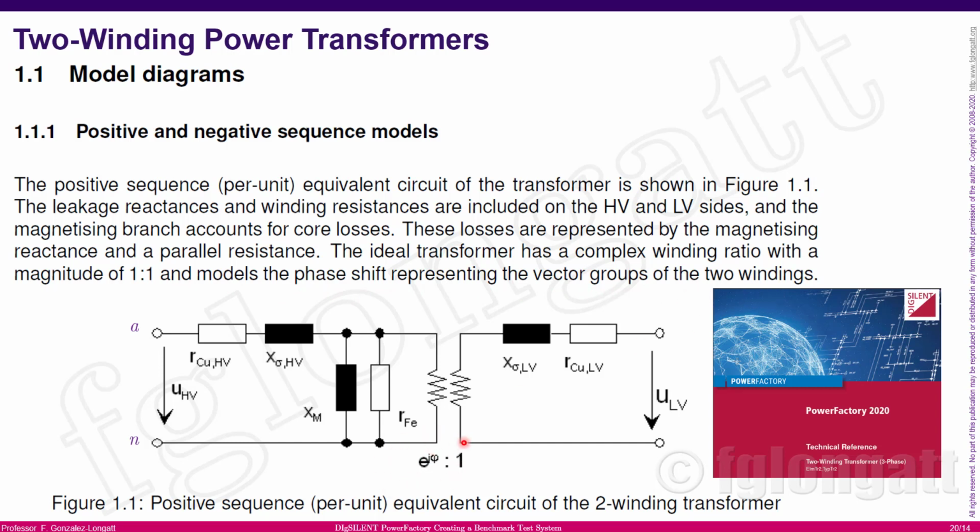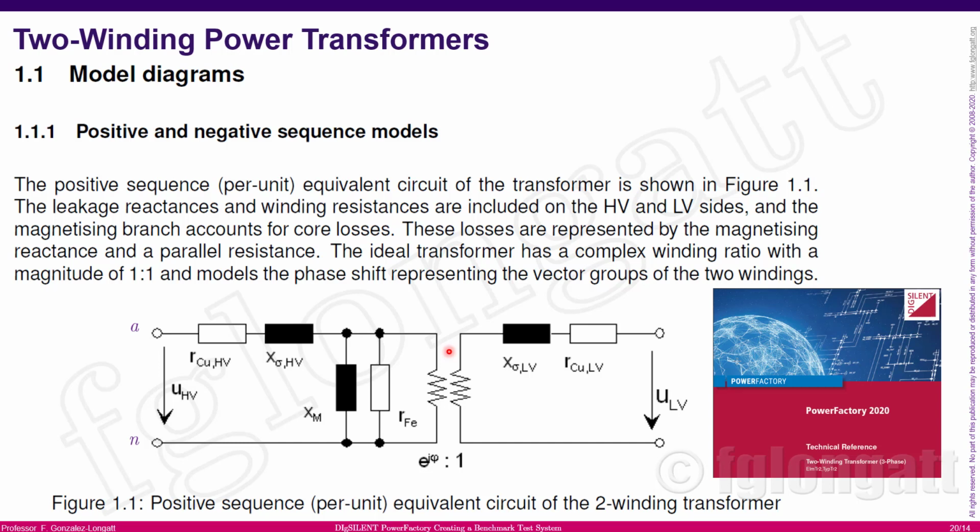What I'm trying to explain is that this number here is a complex number. You must remember this is e to the power j phi. If you put 0 degrees here, this number is a real number and becomes 1. And 1 to 1 is basically a cable between the primary and secondary.